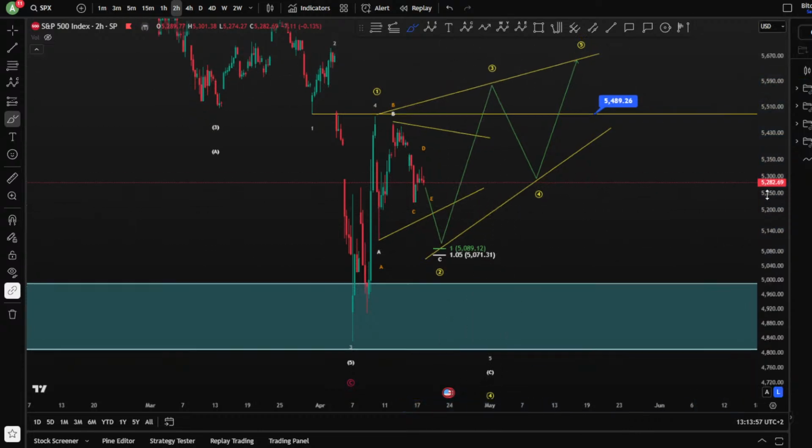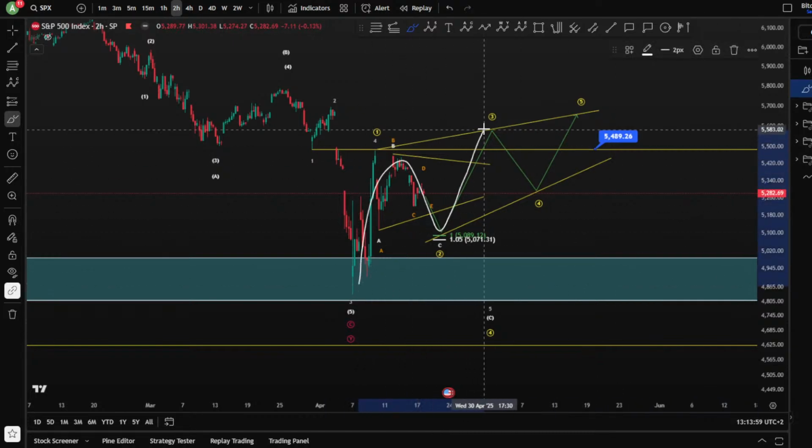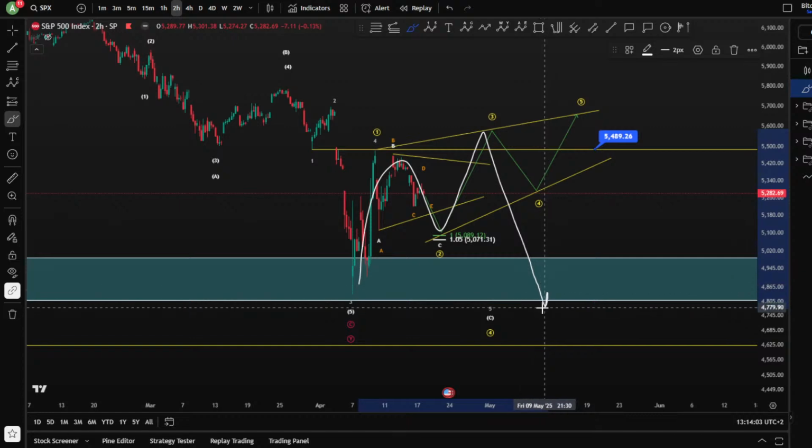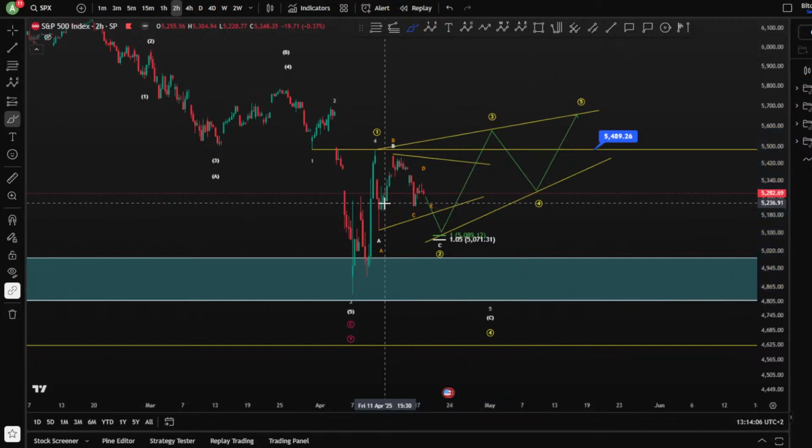If this happens, that means you're still corrective, and it might still take this low sooner or later.